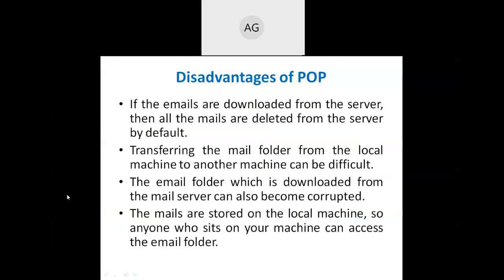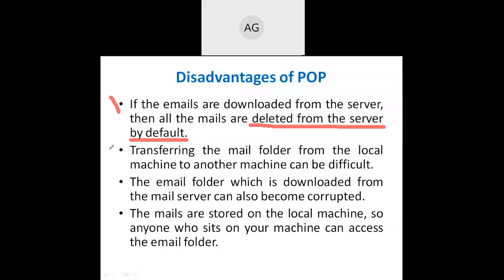So there are obviously some disadvantages while using the POP protocol. The first disadvantage is if the emails are downloaded from the server, then all the emails are deleted from the server by default. Once the connection is closed, the emails which we downloaded are deleted from the server. So in order to get them back, we first need to establish the connection.